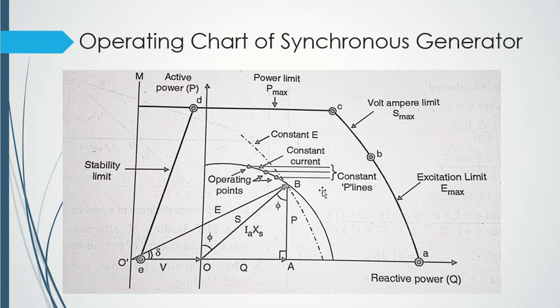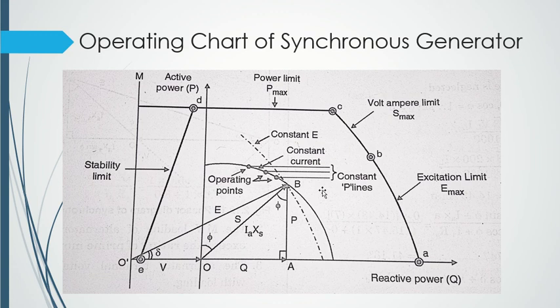So now let's talk about what will happen when we provide some load, or when we provide some excitation. For constant excitation mode, as my excitation is constant, which means my load angle is not changing. If my load angle is not changing, then the voltage across the load will be constant, right? And the generated EMF will be constant, and its locus will be a circle with the center.